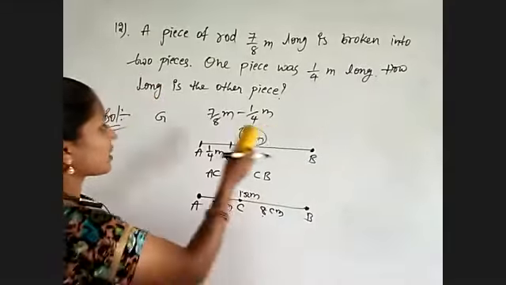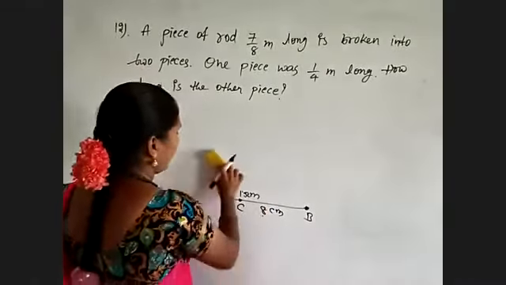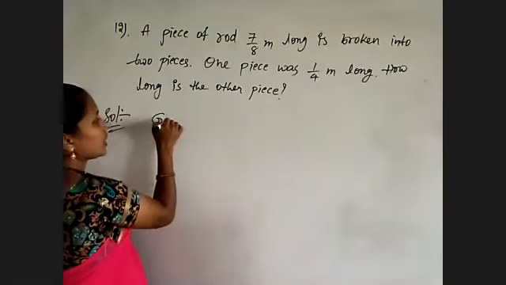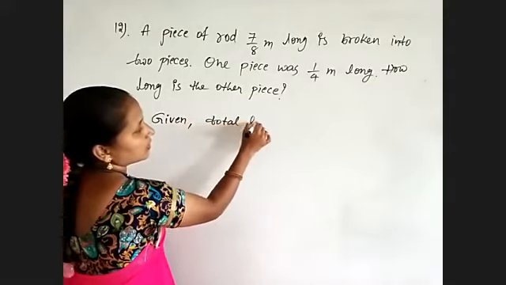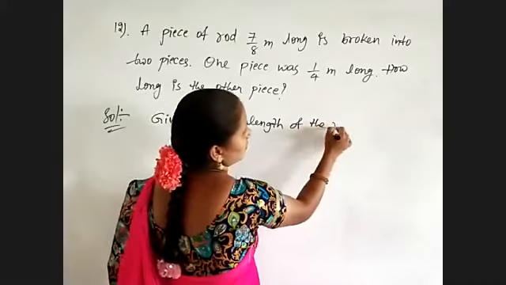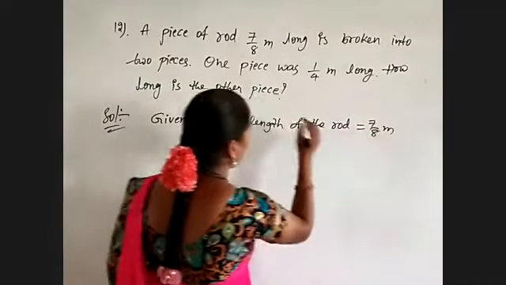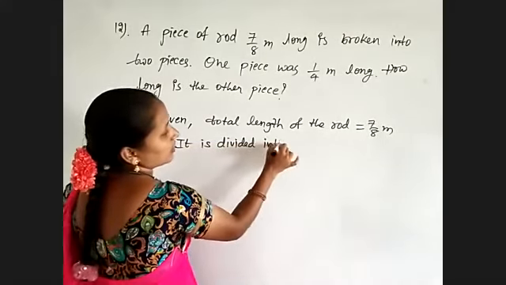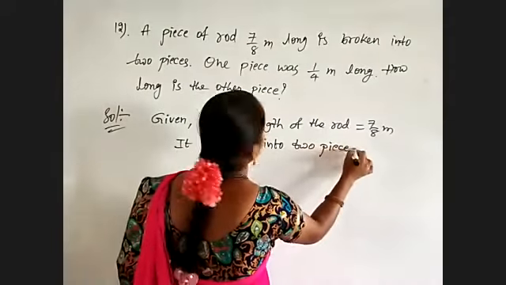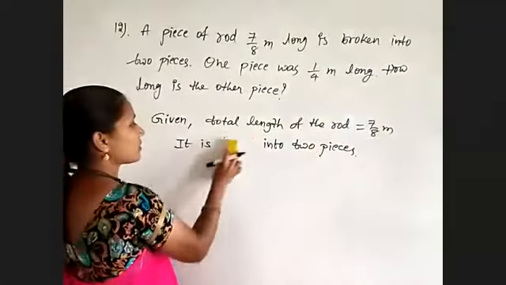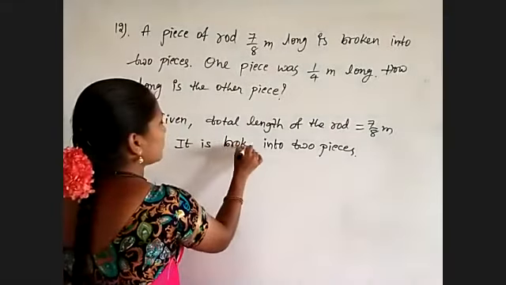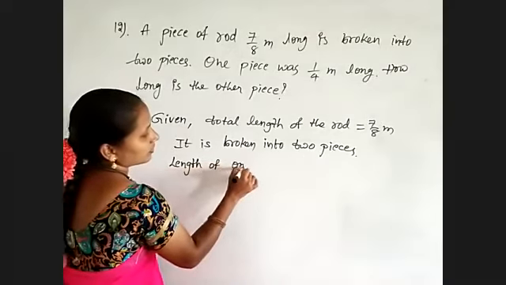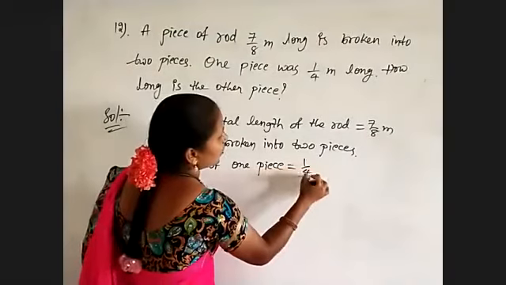The question is also related to subtraction. Given the total length of the rod is equal to 7 by 8 meters, and also given that it is broken into two pieces, and the length of one piece is equal to 1/4 meters.